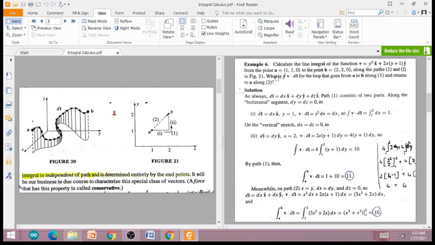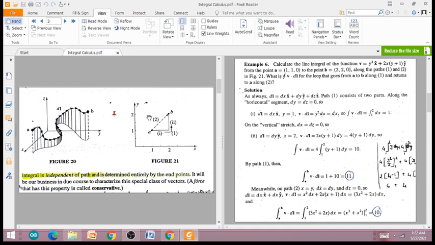this is example number 6. We want to calculate using this figure. The path right from point A to point B, via path 2 or via path 1, is represented by the vector V. The beginning point A is given by 1, 1 and 0, that is Z is not available, so the third dimension is not available.